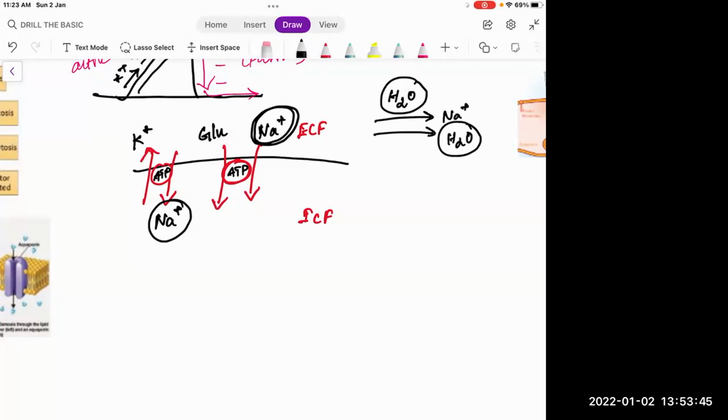In dehydration, whether from vomiting, diarrhea or excess sweating, there will be loss of water. The water will not move alone; it will always carry sodium along with it. So when there is water loss, it means the person's electrolytes are also low.